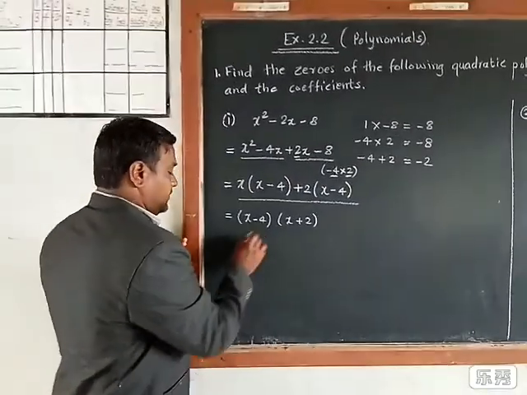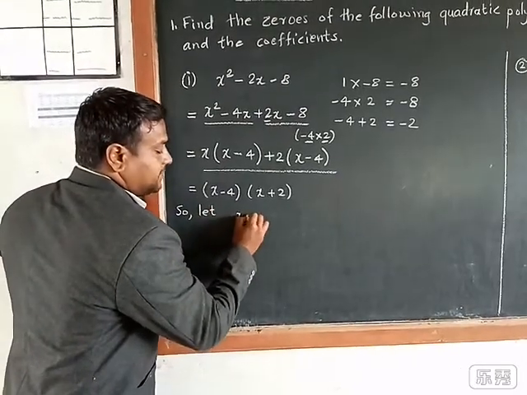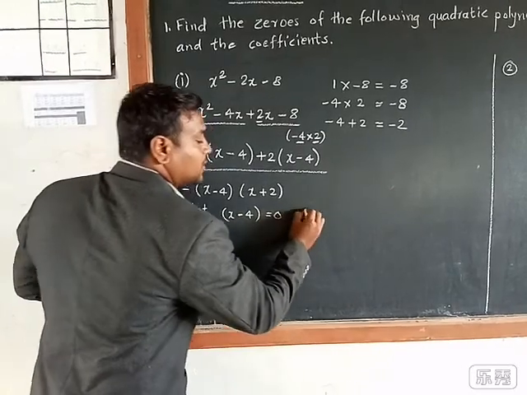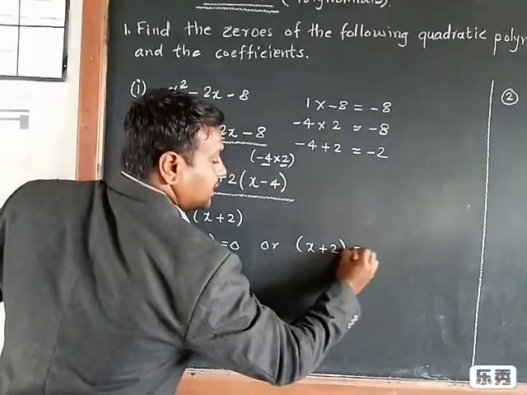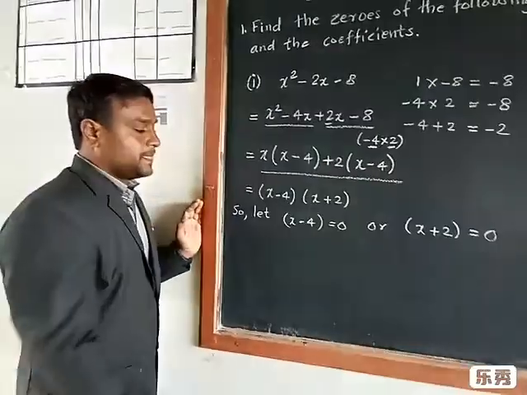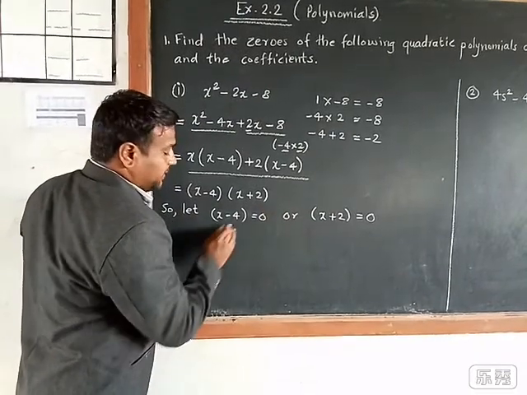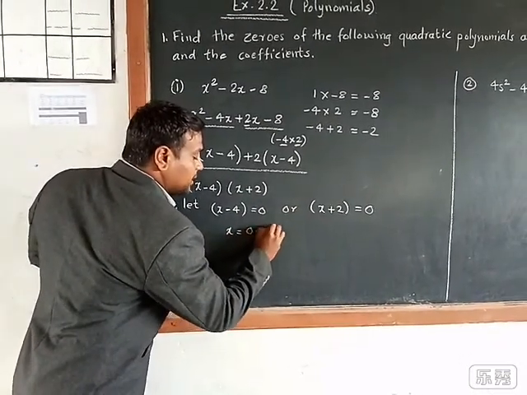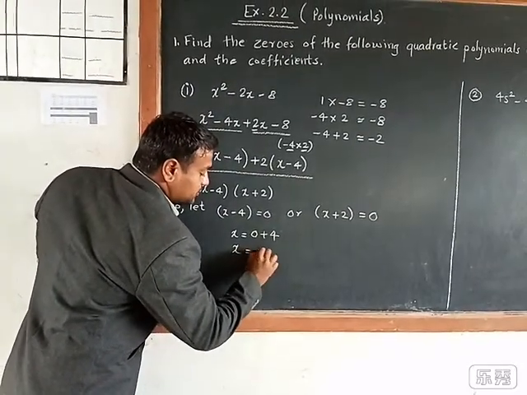So for this quadratic polynomial, let x minus 4 be equal to 0, or x plus 2 be equal to 0. We just transport the minus 4 to the other side. So x is equal to 0 plus 4, changing the sign of 4, and x is equal to 4.